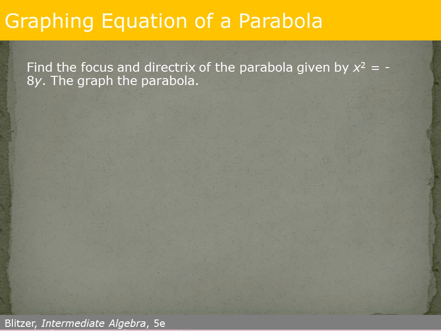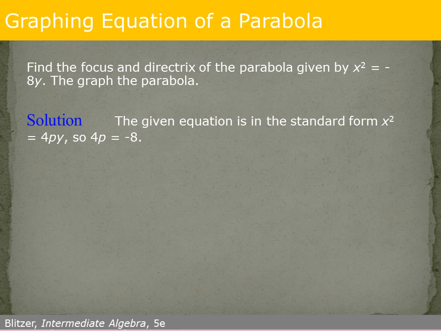Okay, so now we're going to graph the equation of a parabola. We have to find the focus and directrix of the parabola given by x squared equals negative 8y, and graph the parabola. We are given the equation in standard form, x squared equals 4py, so 4p would equal negative 8.